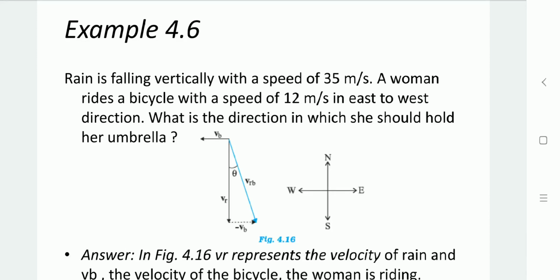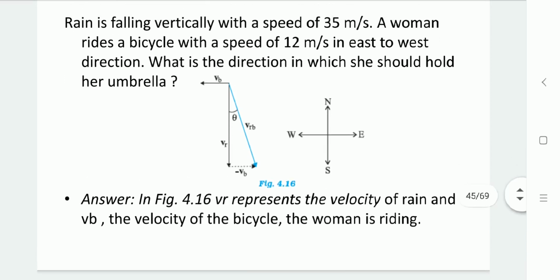Here rain is falling downward, that is VR. The woman is riding a bicycle from east to west, so that is defined as VB. We need to calculate the direction in which she should hold her umbrella.